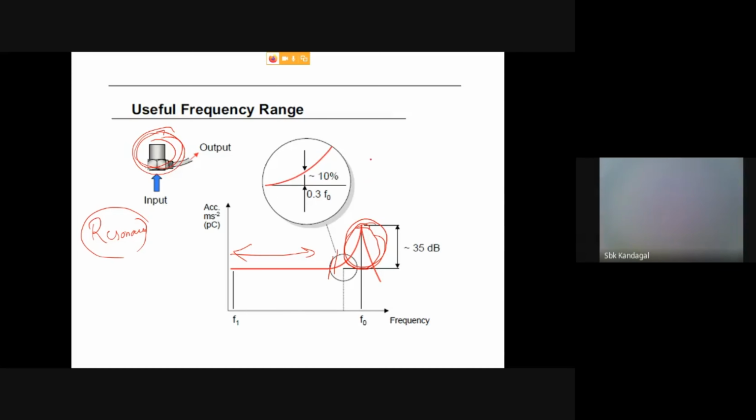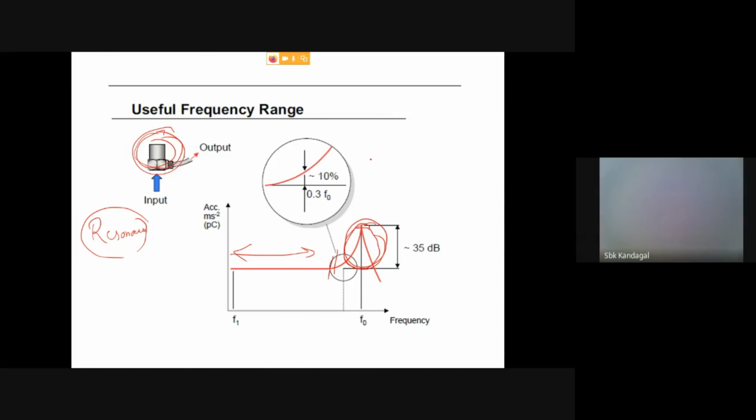Then you will get a large amplitude from the accelerometer output, and you may get confused, thinking the structure is vibrating at 20 kilohertz. No, it is not that. The accelerometer itself has its own resonance, so you will be completely confused.